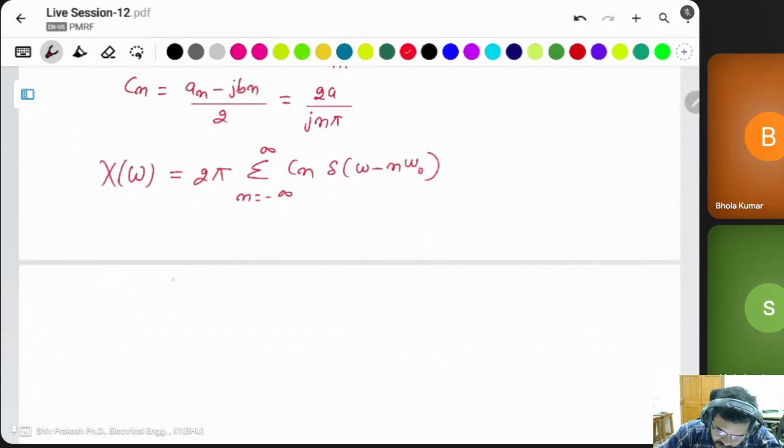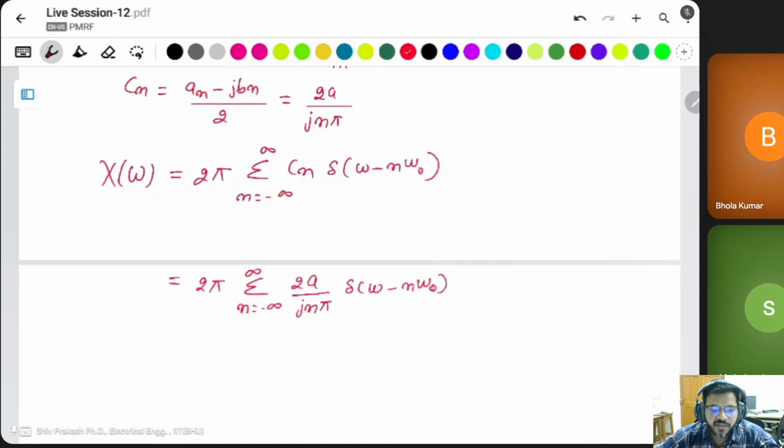Cn, you know about the Cn here. 2 pi times the summation of n from minus infinity to plus infinity, this will be 2A divided by j n pi, into delta(omega minus n omega naught), sampling of the signal.